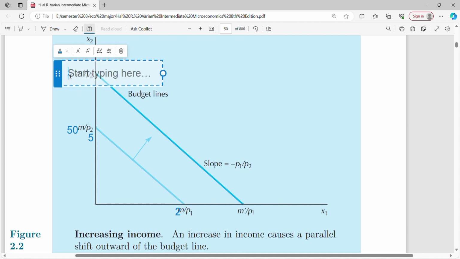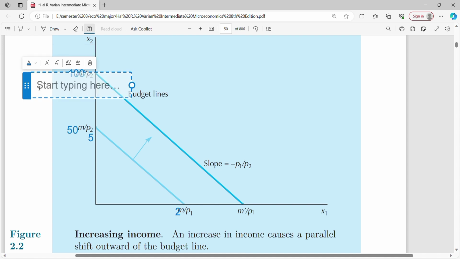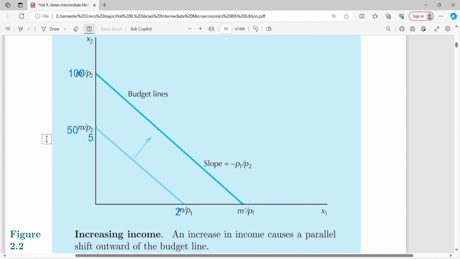But when the income is changed to 100, the prices have not changed, so it will be marked like 100 divided by 5. Sorry, it is 100 divided by 5, that is 20.